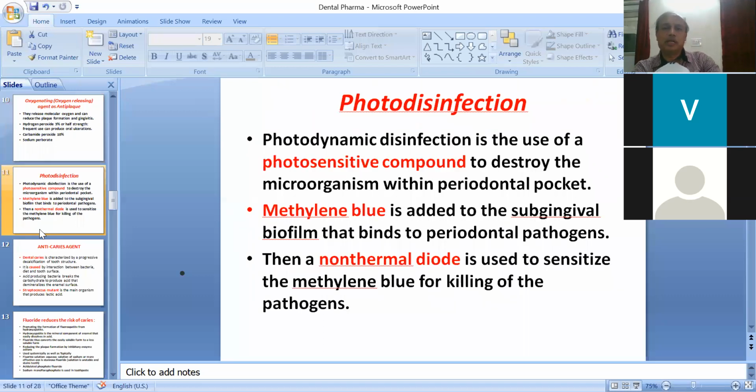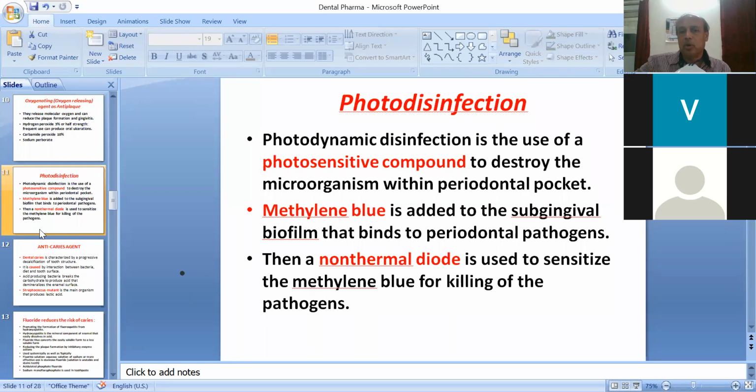Then one term that is used is photodisinfection. That is the short form of photodynamic disinfection. Photodynamic disinfection is the use of a photosensitive compound. Photo means light. So a photosensitive compound is used to destroy the microorganisms within the periodontal pocket.